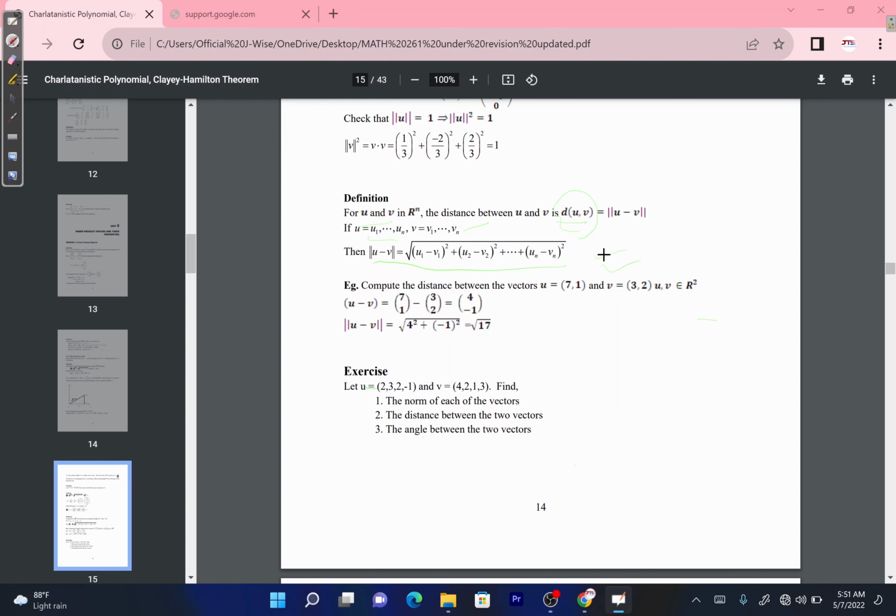So when you have, let's say, two vectors u and v, the metric or the distance between these two vectors is given by this. First you find u minus v. That's 7, 1 minus 3, 2. 7 minus 3 is 4, 1 minus 2 is -1. Then you find the norm of the result, so you get root of 17. That's the distance between two vectors.